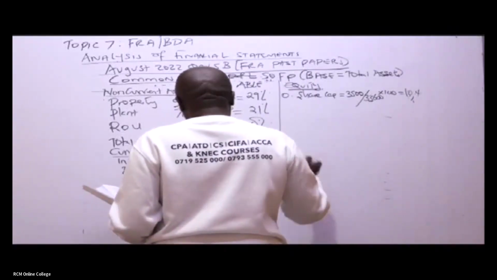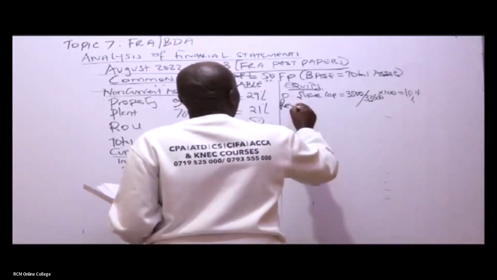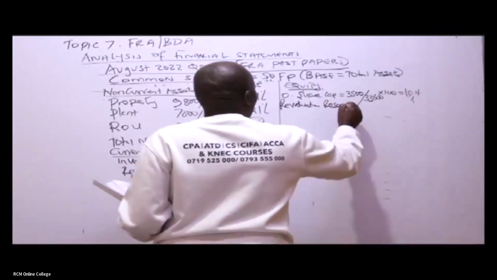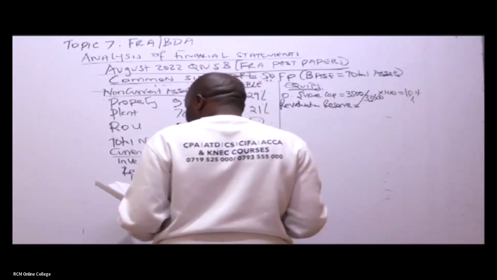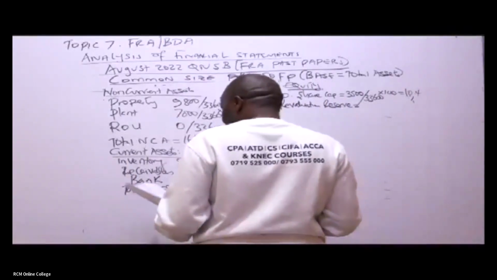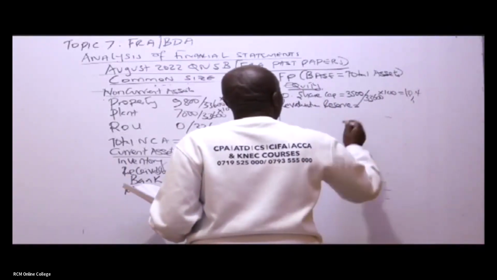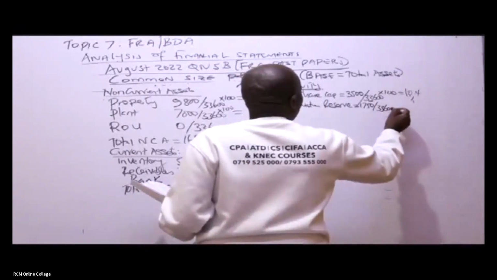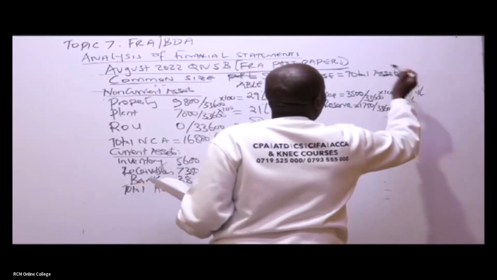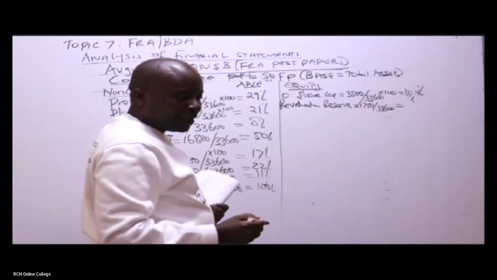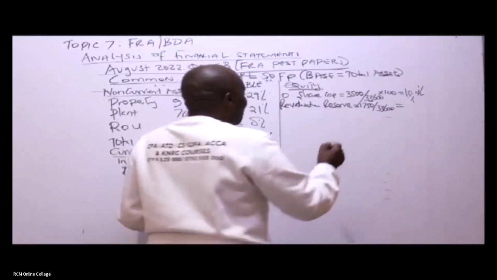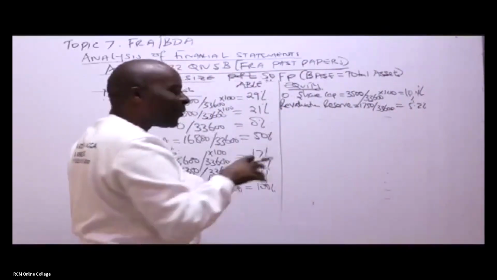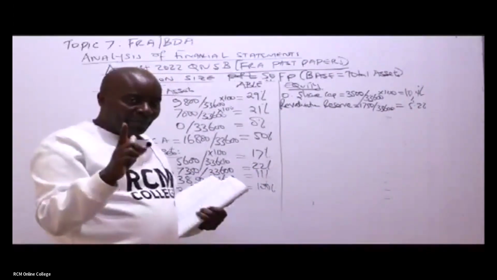Then we have a revaluation reserve. So for the revaluation reserve, what am I able to see there, ladies and gentlemen? 1,750 divided by 33,600. What are we able to get here? I'm sure even here, you must have made a few mistakes because you decided to round off to a whole number.